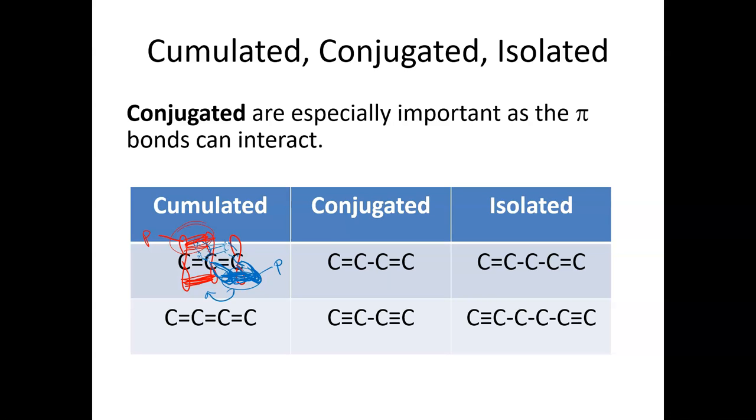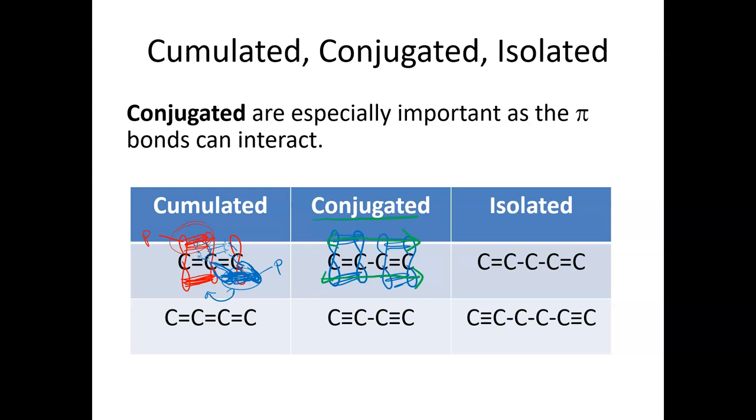But if we're looking at conjugated systems, I'm going to show you here, these carbons can interact, and I can have another set next to it interacting in that same plane. What this allows the electrons to do is flow through this whole area rather than just in one set or the other.